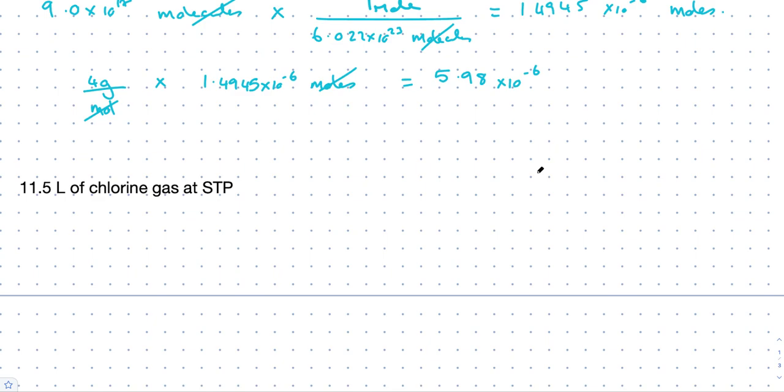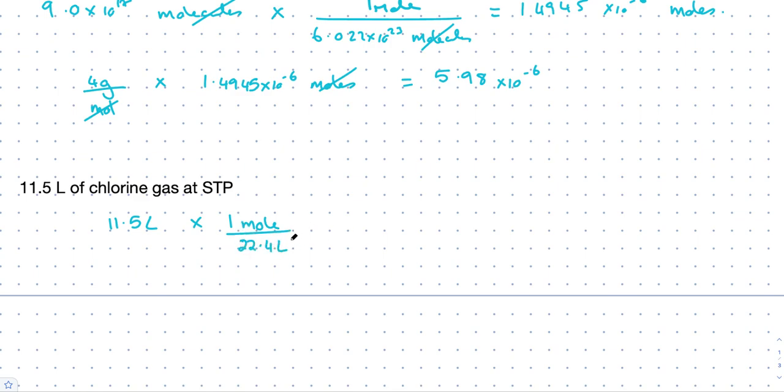First thing, you're probably noticing the pattern at this point, you always want to bring it back to moles. And how we're going to do that is go through the molar volume card. What we know is that if I have 11.5 litres, what I need to do is multiply that by 1 mole all over the 22.4 litres.